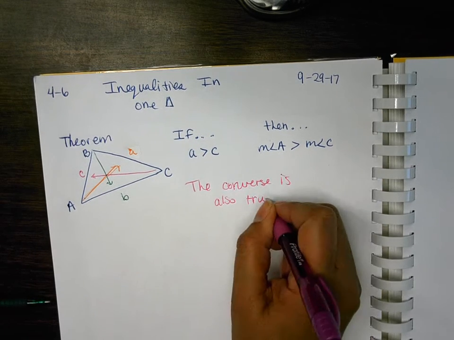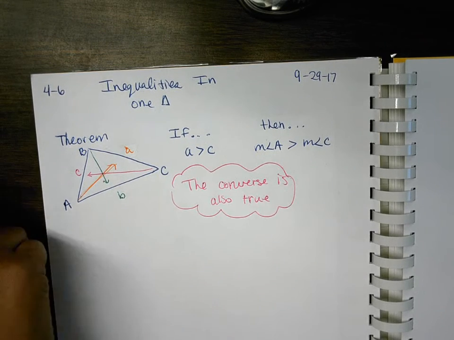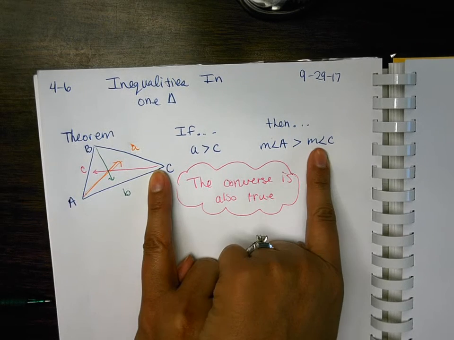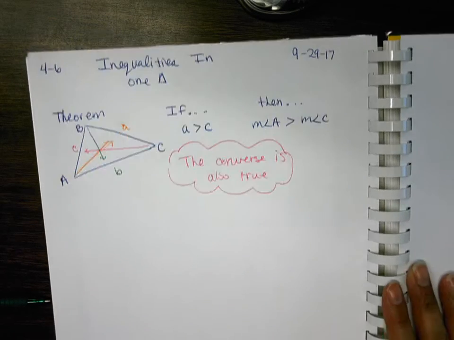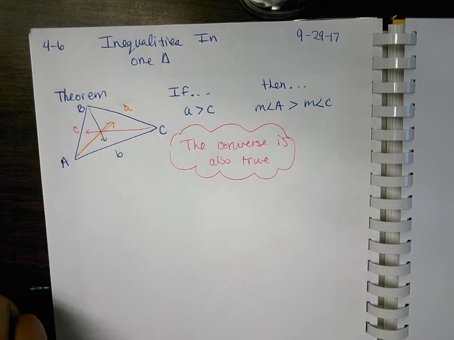And what does that mean? That if angle A is bigger than angle C, then side A is bigger than side C. So it does go both ways. All right, questions? Okay.